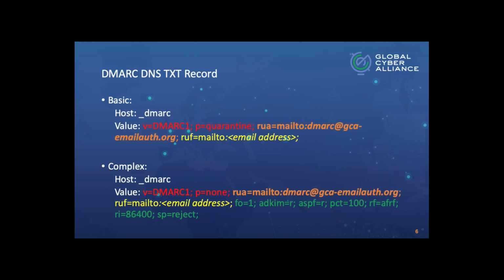What we're doing with this email address, DMARC@GCA-emailauth.org, is setting up an aggregate reporting server, mainly to collect information and see from that information who the spammers and phishers are, so that we can try to use it as a takedown service. So once we have all this information, we'll do the analysis and look at the reputation of the IP address, and if it's determined to be fraudulent, spammers and phishers, we can work with someone to see how we can take these systems down.